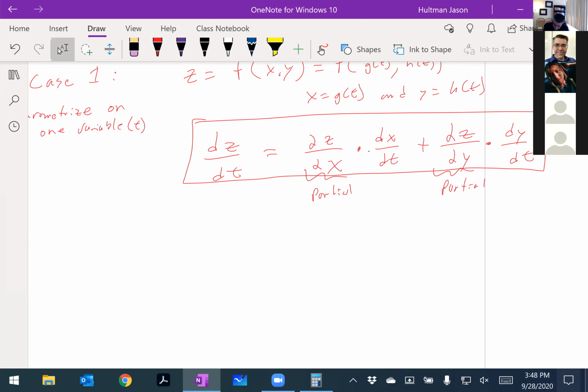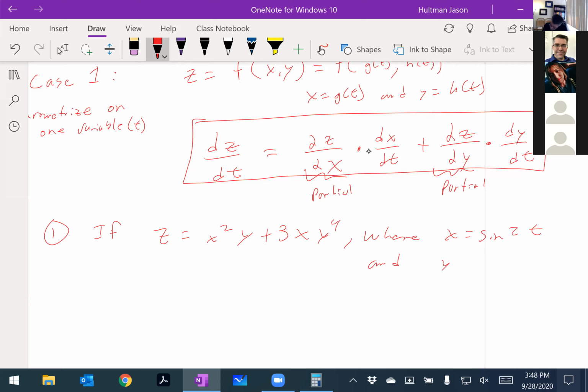Let's do an example of case 1. If z equals x squared y plus 3xy to the 4th, where x equals sine 2t and y equals cosine 2t, find dz/dt, or we could say just z prime.